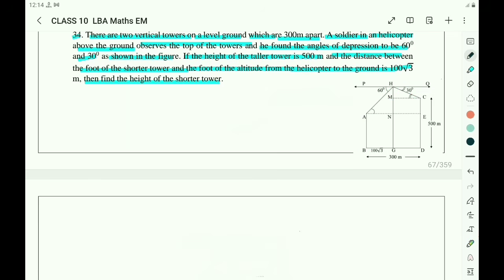Now you note down. So you write that height of the taller tower CD is equal to 500 meter. Note down that one.